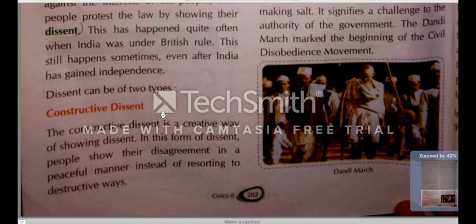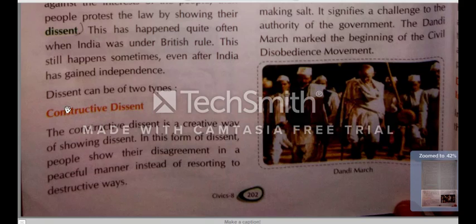First of all, the word has been shown on the screen. I hope that you can see it easily. So first I want to talk about what is constructive. Constructive means to make construction. If you remove the -ive from construction, construction means banana, निर्माण करना. And dissent means matbhed. I have told you before.